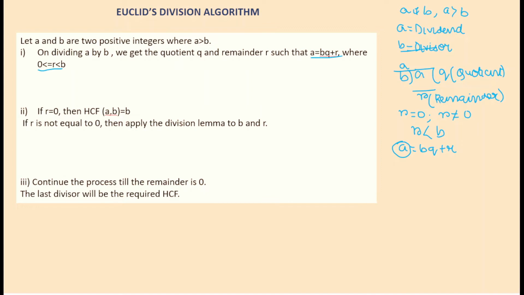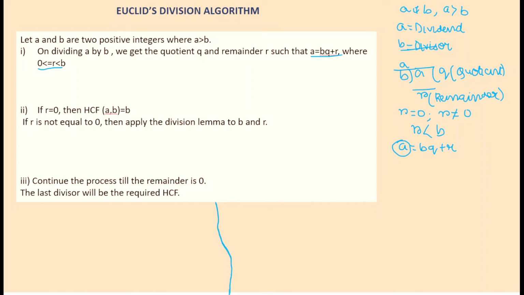Now let's take two examples and try to understand Euclid's division algorithm better. Case 1: A equals 24 and B equals 6.